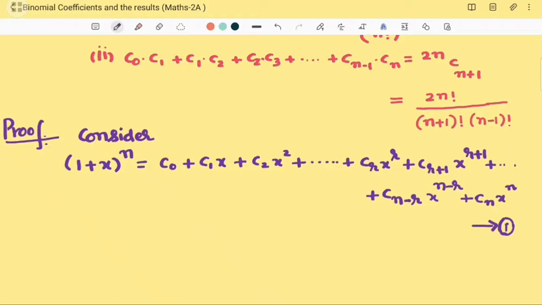Even we required (x plus 1) whole power n expansion also.